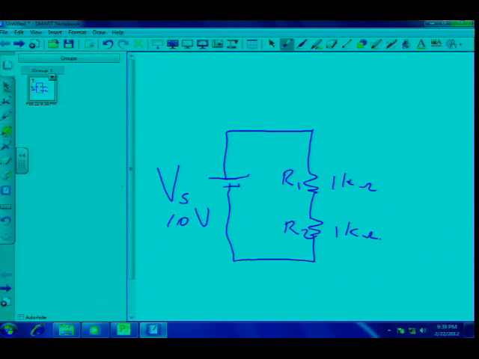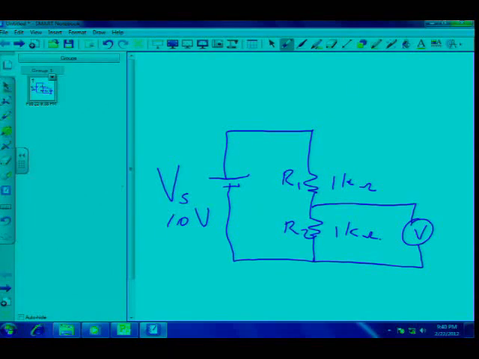Alright, so what do I know if I have a simple series circuit like this? What is the voltage drop going to be over each of these resistors? If I go and measure with a voltmeter over here, so I connect a voltmeter over R2. Remember when we calculated the biasing circuit for the voltage divider bias, we wanted VB, which was also R2. So it's similar to that.